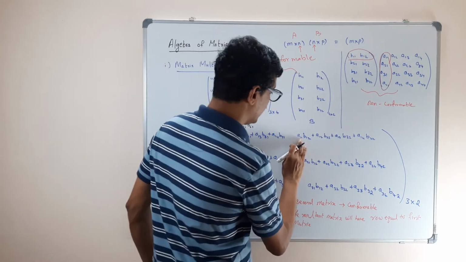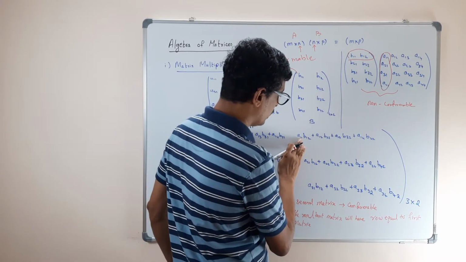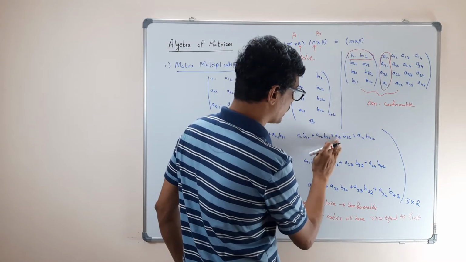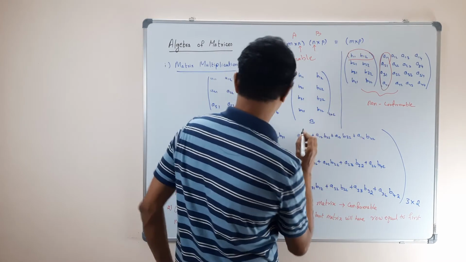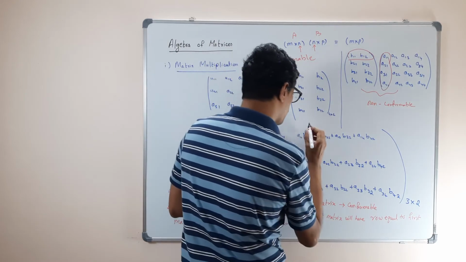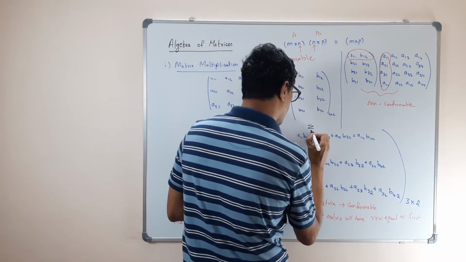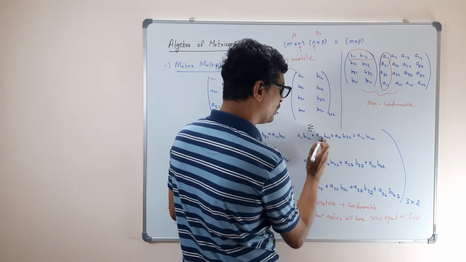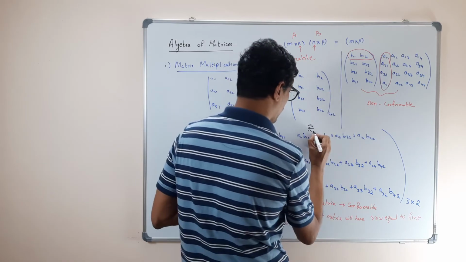Here also, see, the first element is 1 for all. So I will remove this A and B to get some space. This is going to be the summation of, again, I equal to 1 to 4.